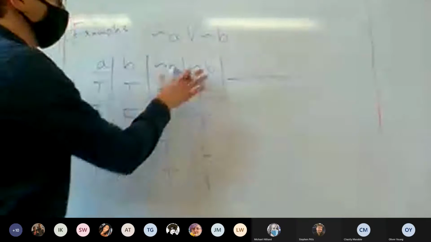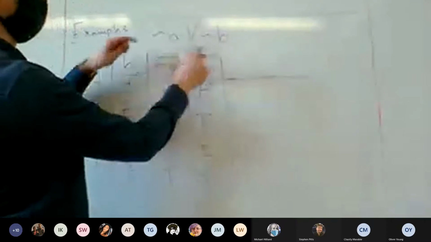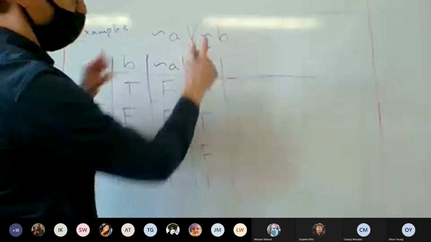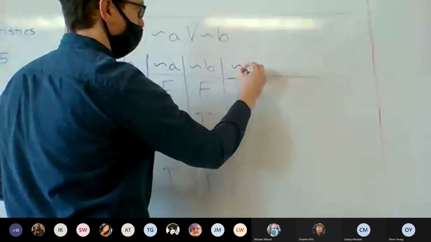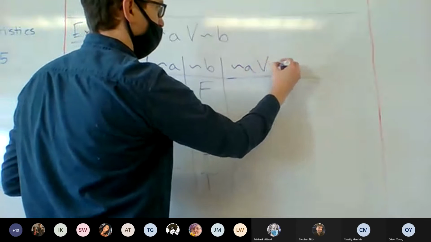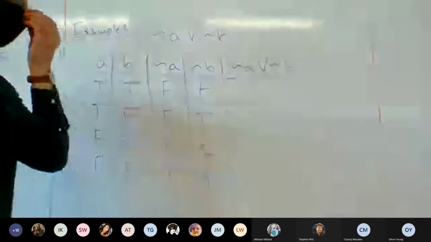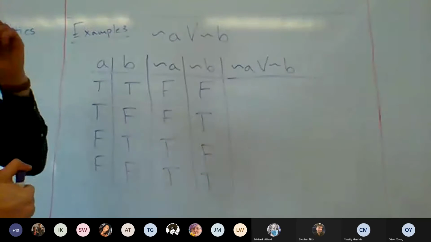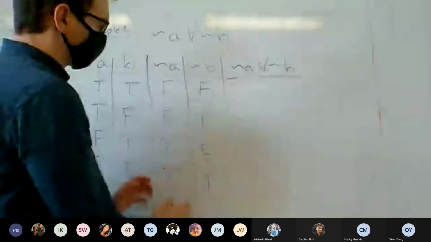Okay, so we've got our two negation columns here, which are the pieces that build this greater disjunction statement. So we're ready for that now. We've got the negation of A, so this column or this column.